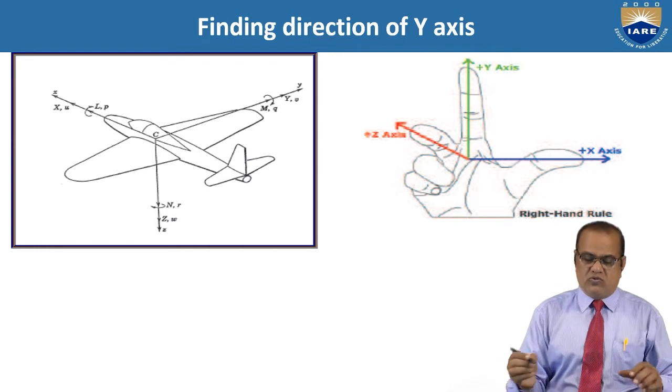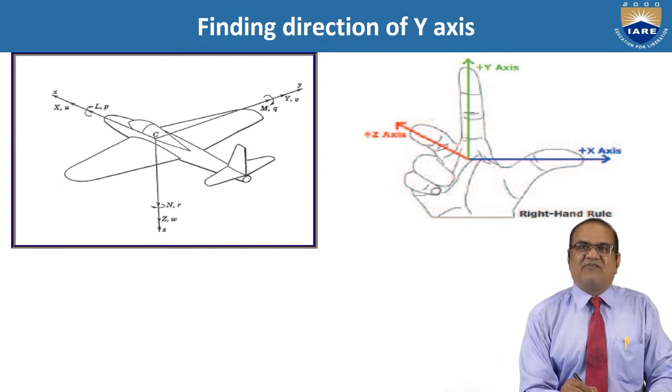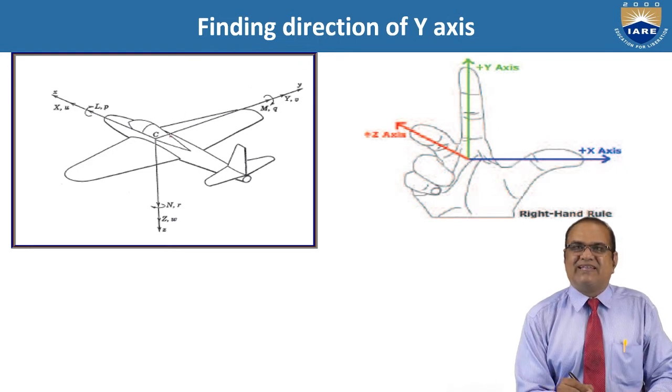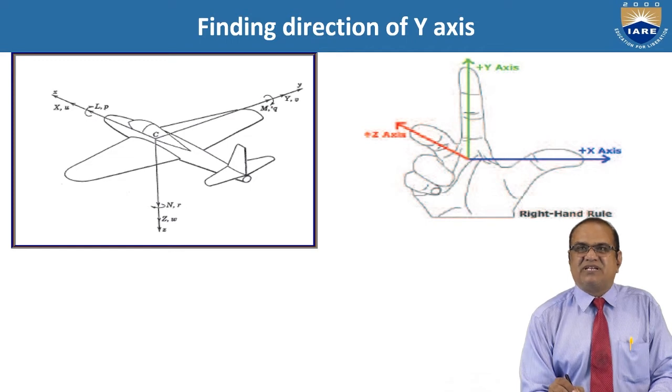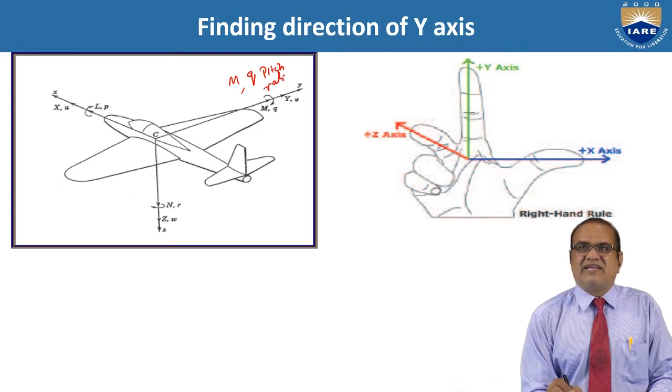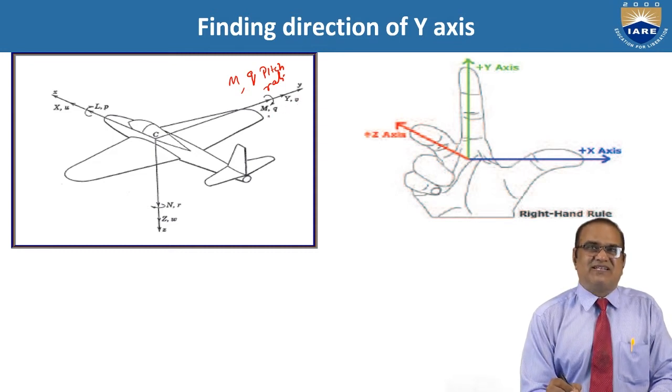Now, this is the center of gravity here, this is the X, this is the Y, and here is the Z. This rotation is called pitching, M is the pitching moment, and Q is the pitch rate. V is the velocity in the Y direction.